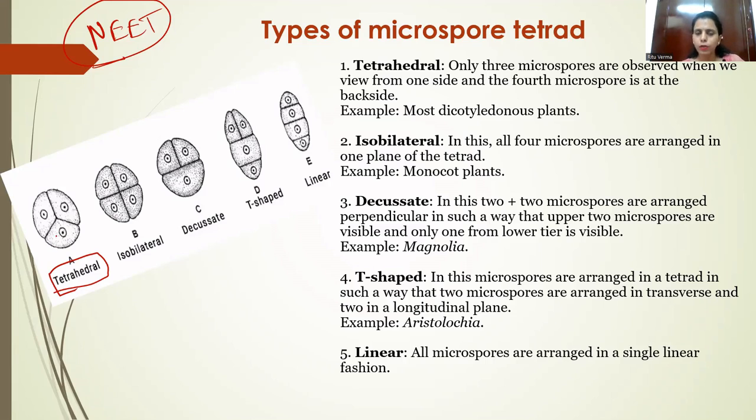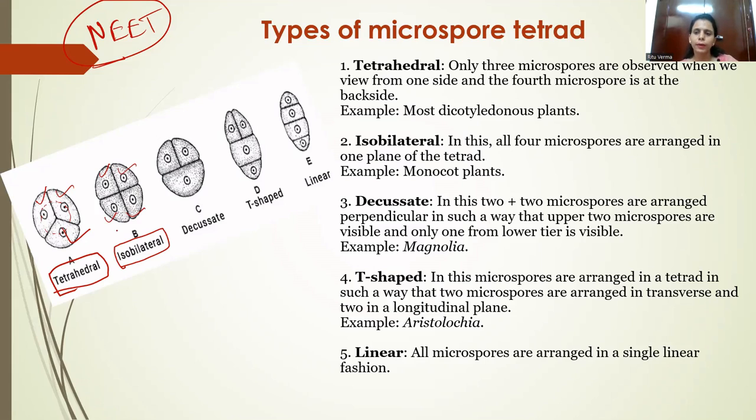In this type, 3 microspores can be seen from one particular plane, and the fourth microspore is present on the back side, on another plane. The next type is isobilateral tetrad. In this type, all 4 microspores can be seen from one particular plane.